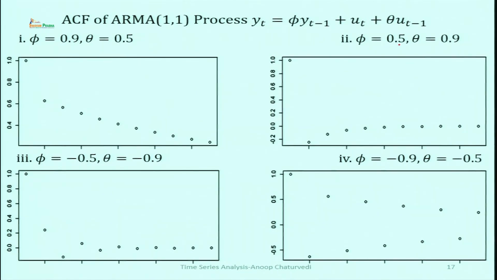In the second case, this is rho 1 and the one is negative, then it remains negative, and in magnitude it is decreasing. The ACF is decreasing in magnitude, but it remains negative, always it remains negative.